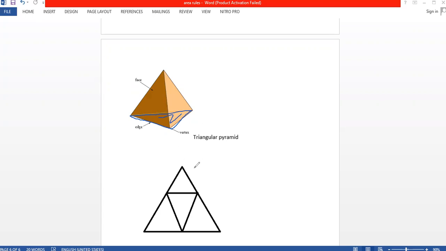So we have 4 faces, all of them triangles. Now the edges are 1, 2, 3, 4, 5, 6. We have 6 edges. Now, the number of vertices: 1, 2, 3, 4.